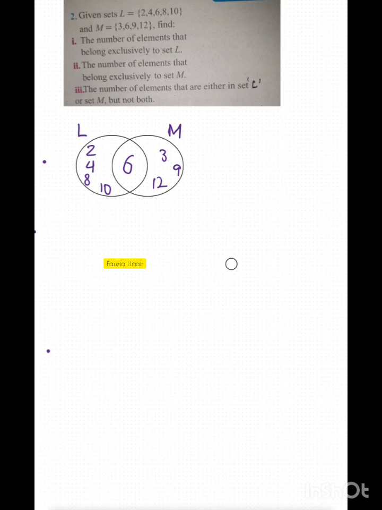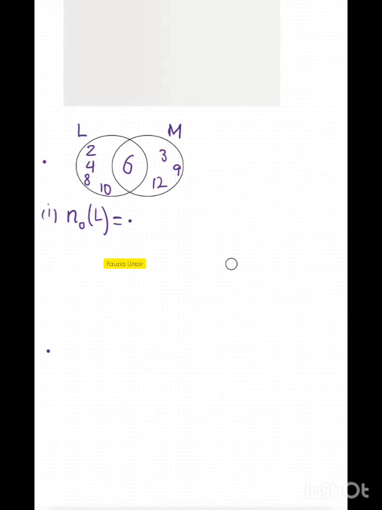So now, if I solve part 1 just like in question number 1, I need to find the number of elements which are exclusive to set L, so only belong to set L. From the Venn diagram it is very clear that there are 4 elements which belong to L only, but we will solve it with a formula.